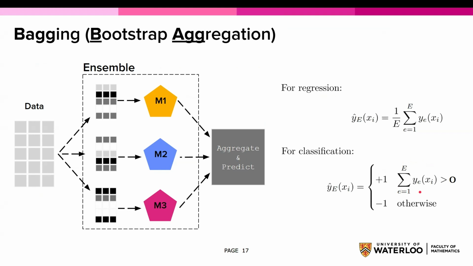So in binary classification, where we're predicting either -1 or +1, if the sum of predictions from the base models is greater than 0, so there are more positive predictions than negative predictions, we would make a positive prediction, and a negative prediction otherwise.